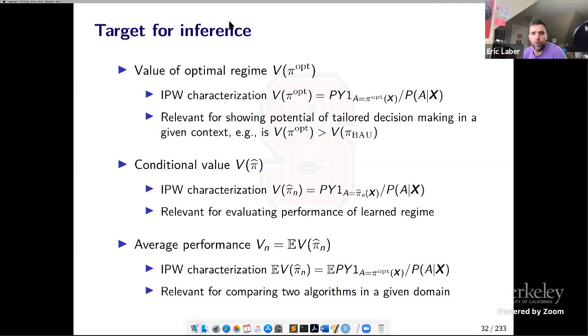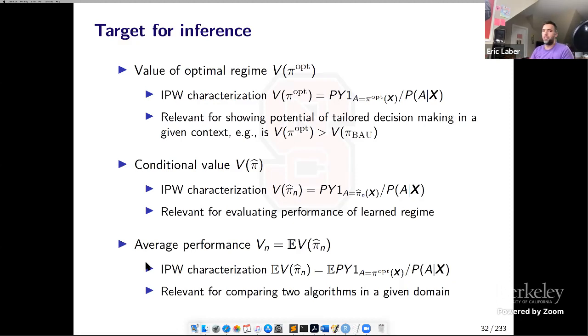So the average performance inference target is about getting a baseline for your algorithm, or just comparing two algorithms. Recently there's been some work on inference for cross-validation. They're looking at this kind of thing, which is like the average performance of an algorithm in a given domain.